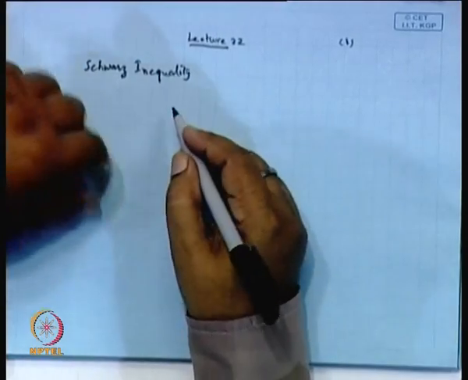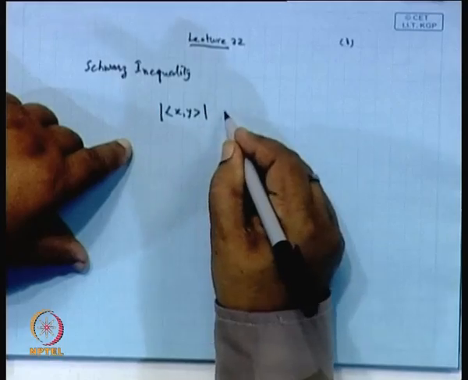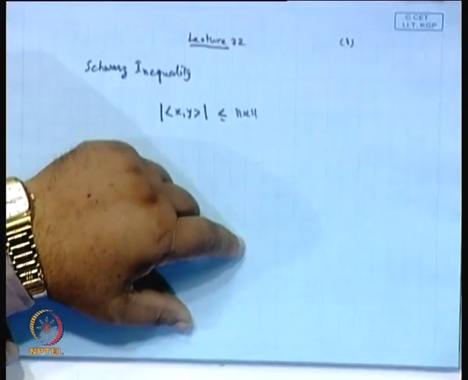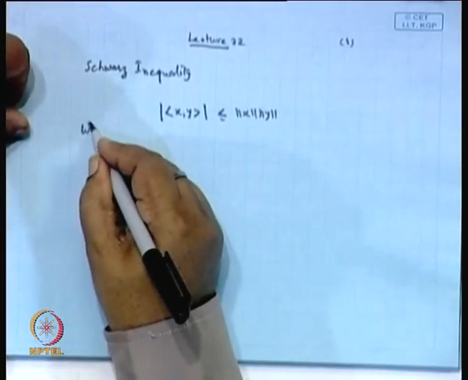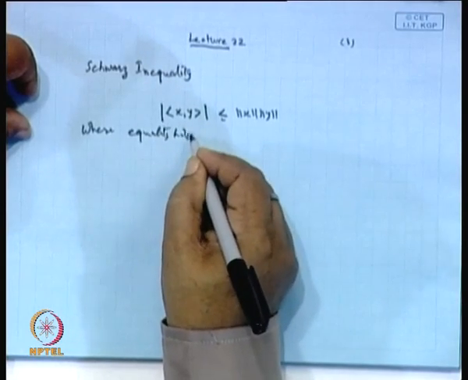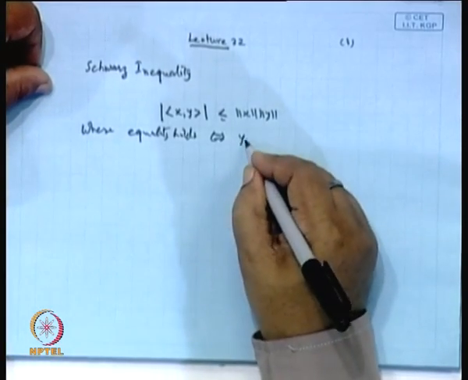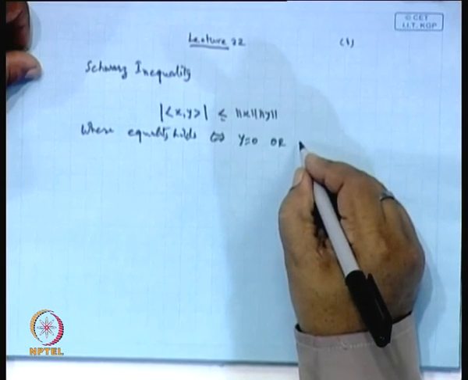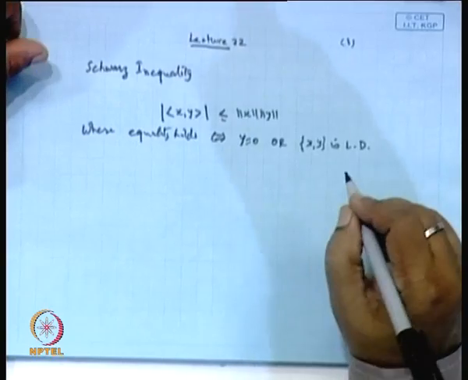We have seen that the modulus of the inner product of x and y is less than or equal to the norm of x into the norm of y, where the equality holds if and only if either y is 0 or x is c y, or this set is a linearly dependent set.